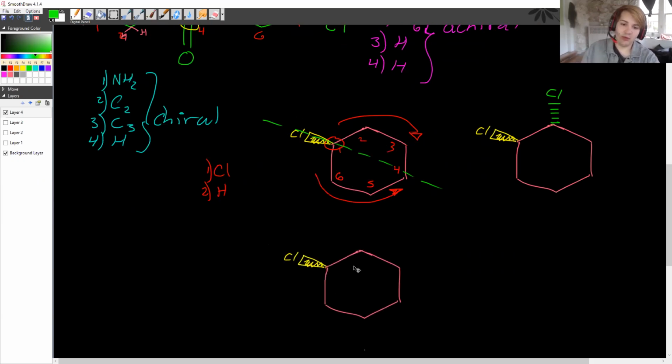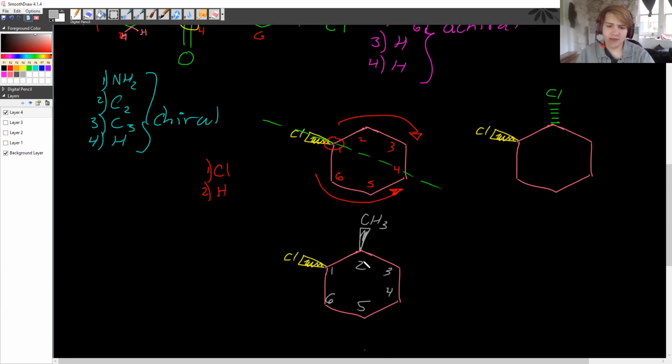Well, I hear you say, what if we had something like a methyl group here? Then carbons 1, 2, and 3 are different than carbons 1, 6, 5, because there is no plane of symmetry anymore.